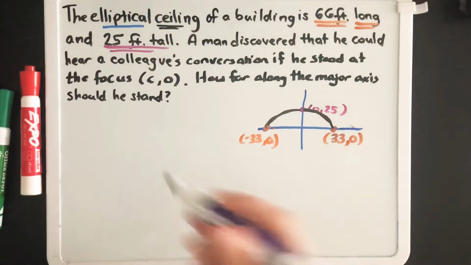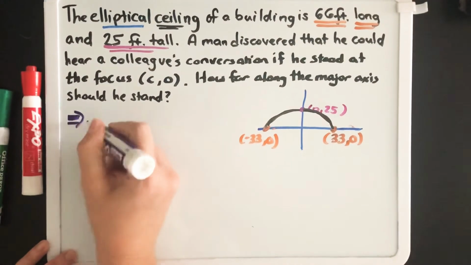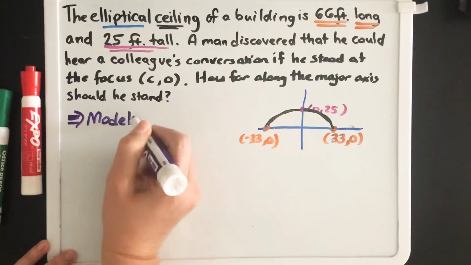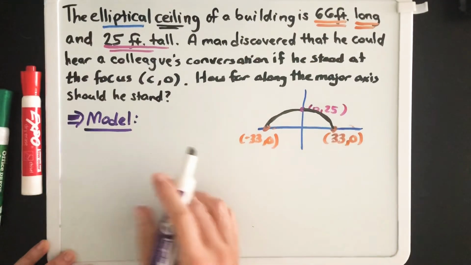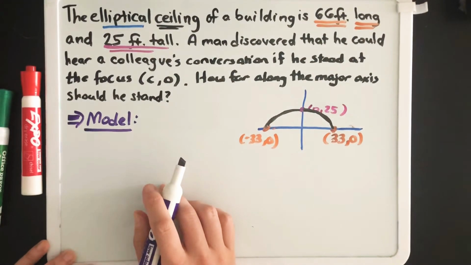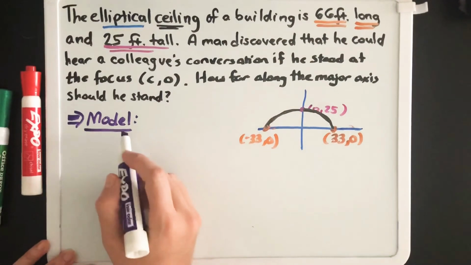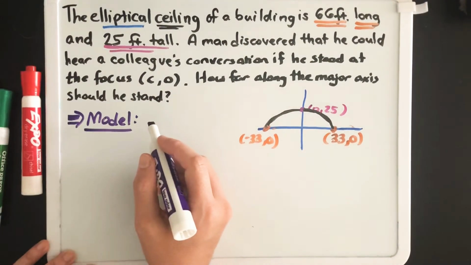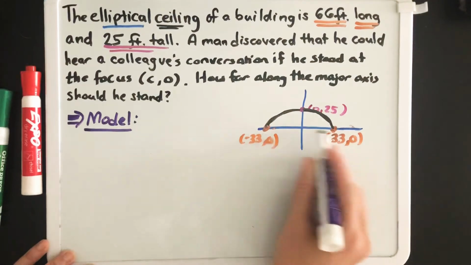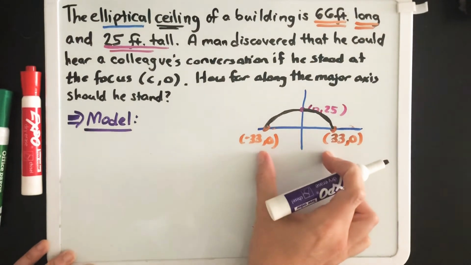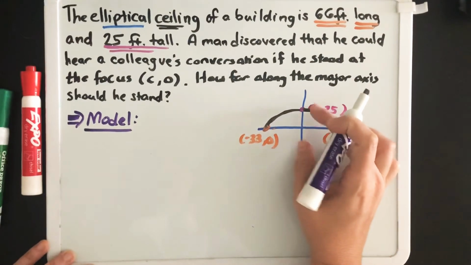So let's talk about our model here. Our model would need to be an ellipse. Again, it's a semi-ellipse here, but the equation remains the same. You're just looking at the top half. For the model, we would start off with the equation of an ellipse which has a longer horizontal side, it seems, because it's 66 here, whereas here it's 50 if you were to do both sides.